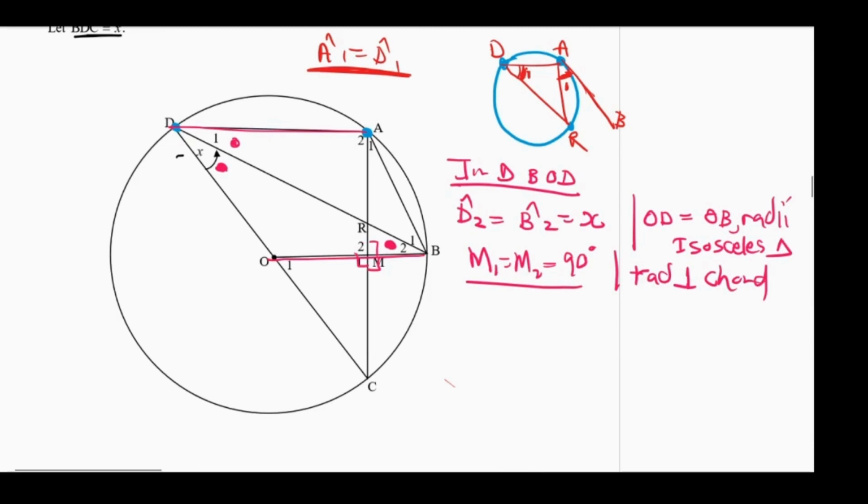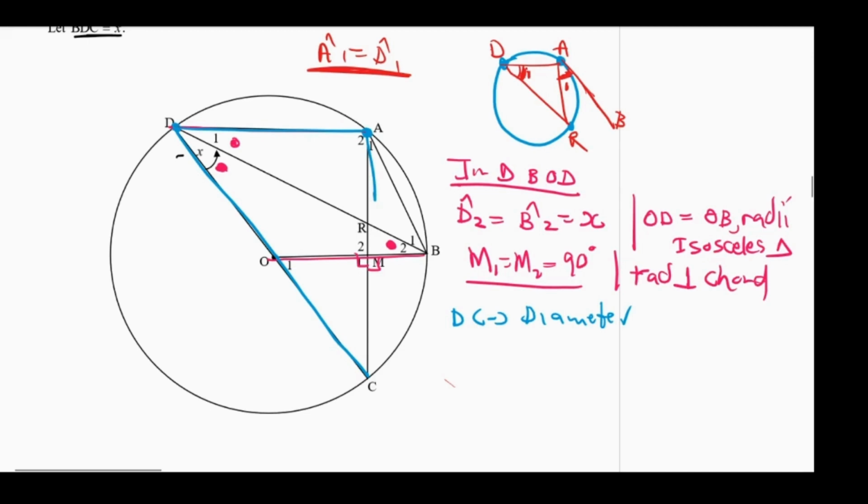And another thing is this. If you take a look at this line here, this is a diameter. So DC is actually a diameter. Why am I saying that? OD is the radius and OC is the radius, so this is a diameter. And this diameter goes to the circumference like this.